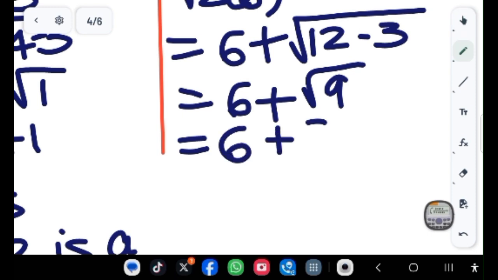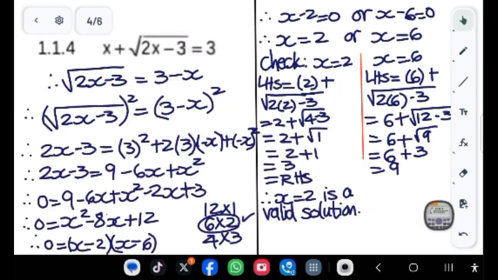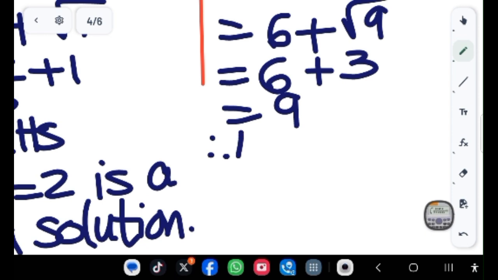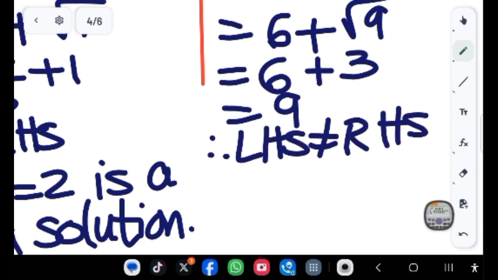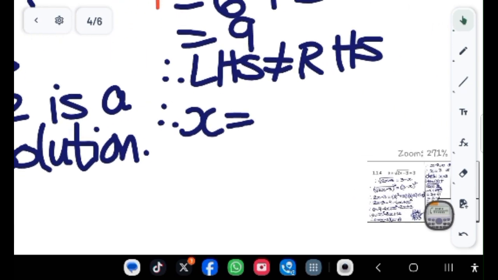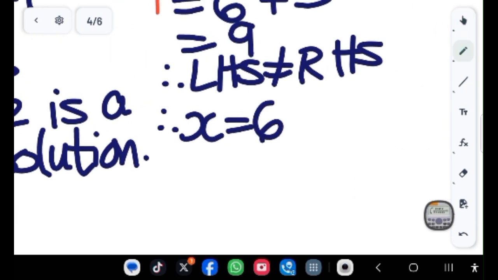Square root of 9 is 3. 6 plus 3 is equals to 9, which is not equal to the right hand side. Therefore the left hand side is not equal to the right hand side, meaning that x equals 6 is not a valid solution.